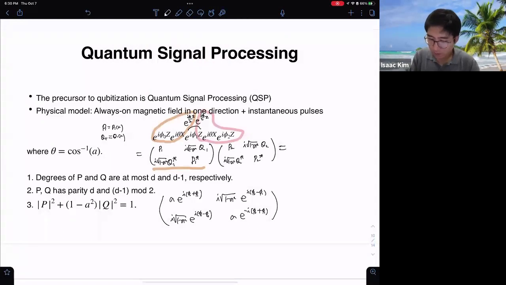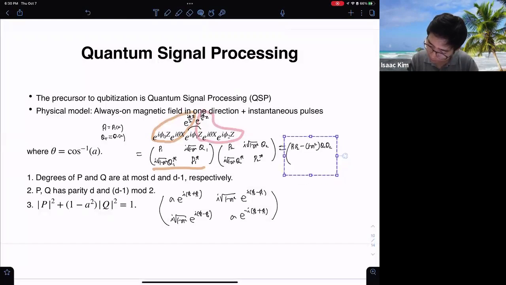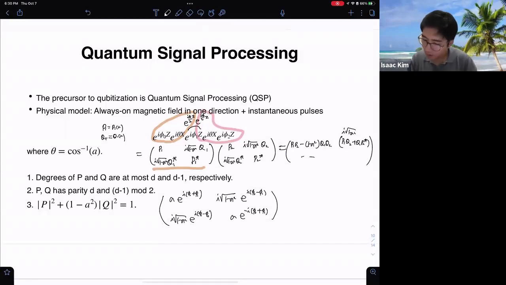If you work this out, which is again very straightforward, then you have this thing in the first entry, and then what you have is P1 P2 minus, i square root of 1 minus A squared, P1 Q2 plus Q1 P2 star. And you have their complex conjugated versions.